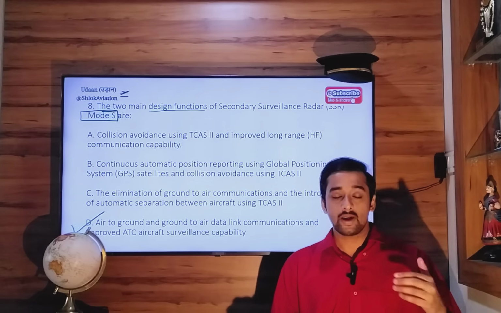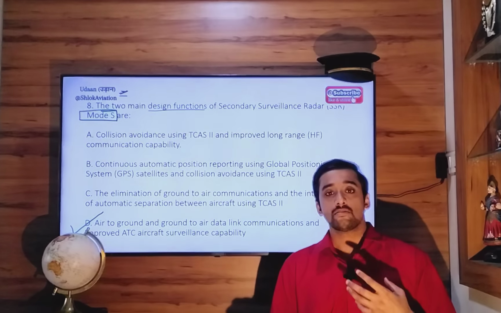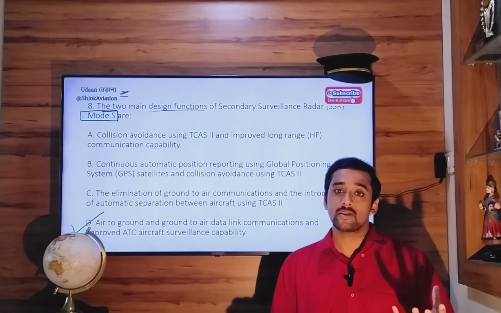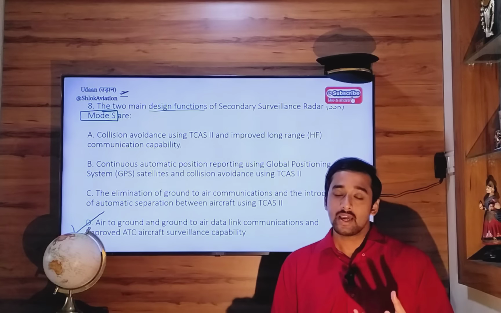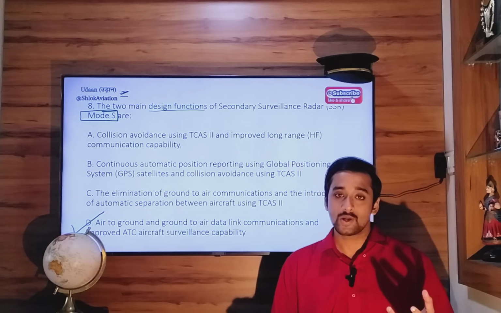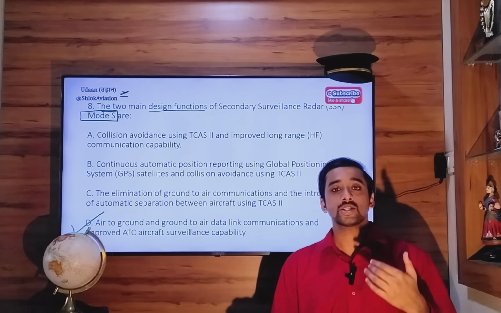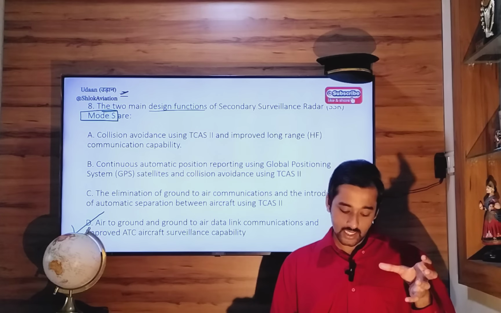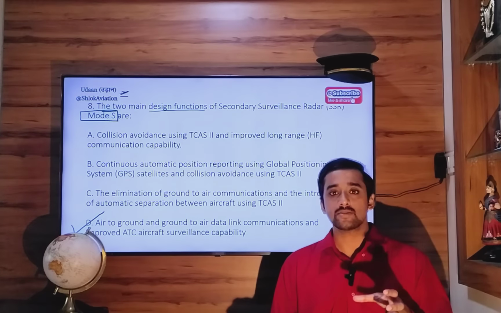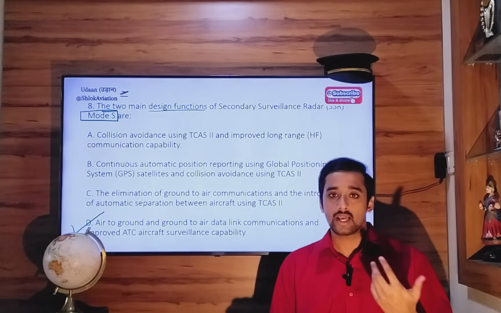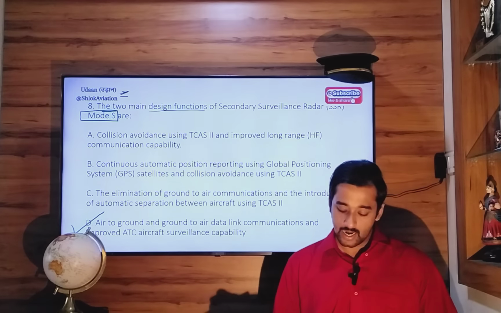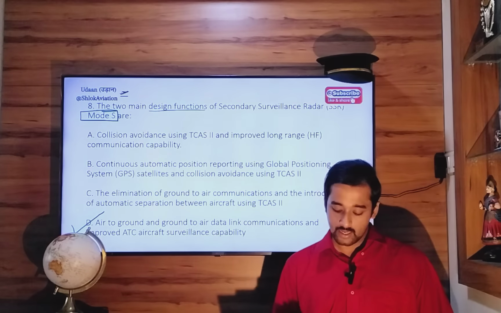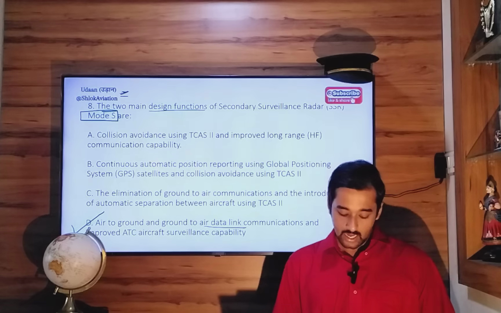When the ATC controller is exposed to so much new information from every aircraft, he can use that information to his advantage and do his job in a better way. Therefore his surveillance capability, the surveillance means monitoring, supervision, increases.